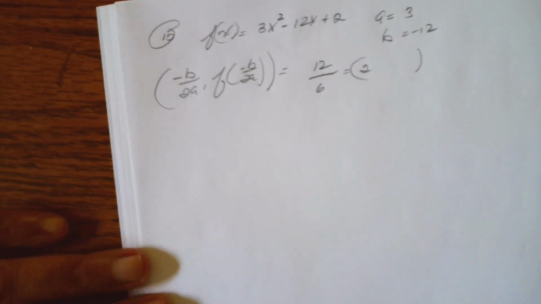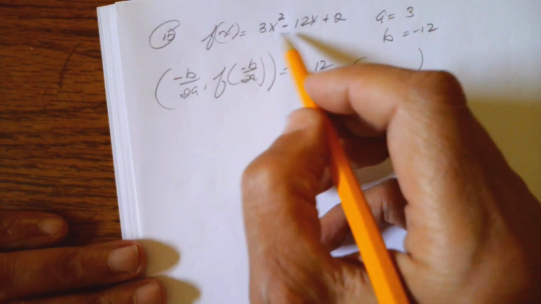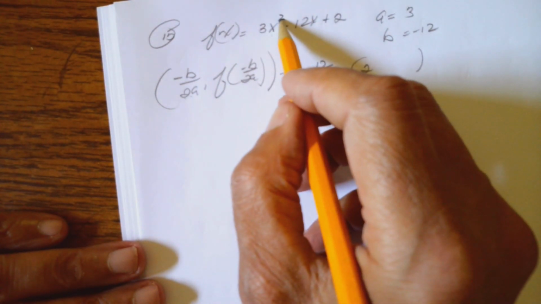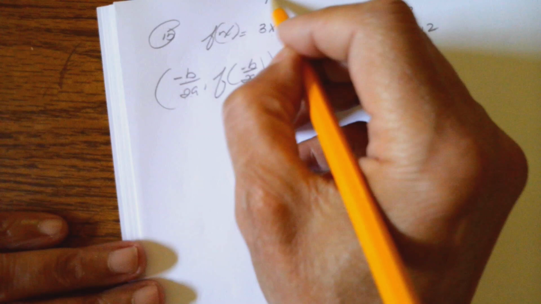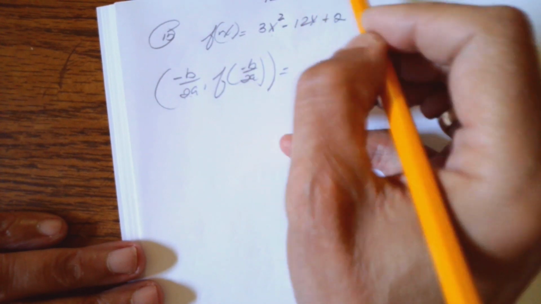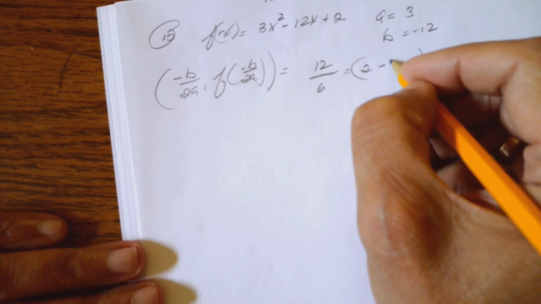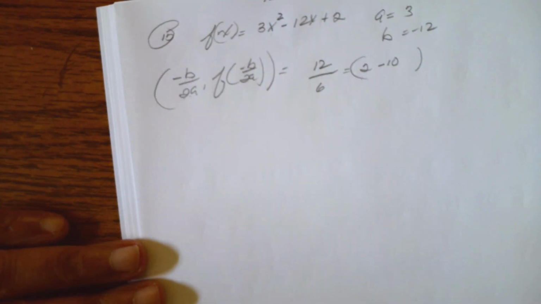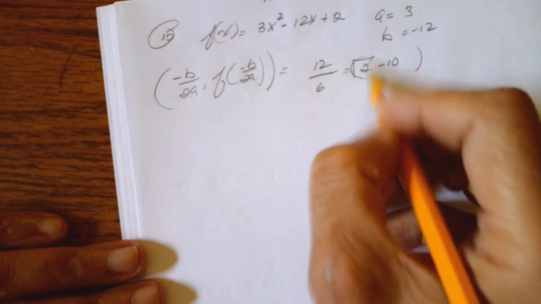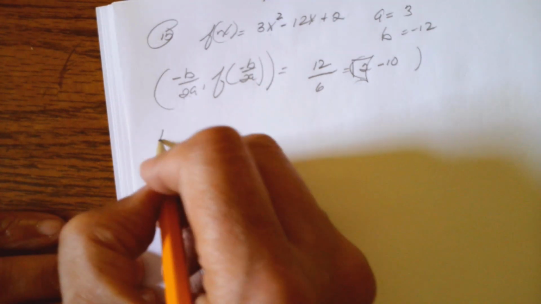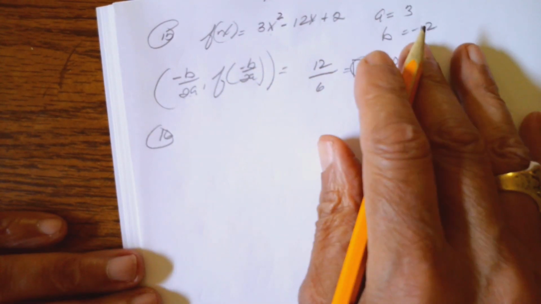So why put yourself through more work? If I put 2 back into this, I would have got 2 squared is 4. That would have been 12 minus 24 plus 2. That would have been 14 minus 24. That would have definitely given me a minus 10. But I didn't have to do that. Once I knew this was right, there was only one answer that had the correct x value for the vertex.